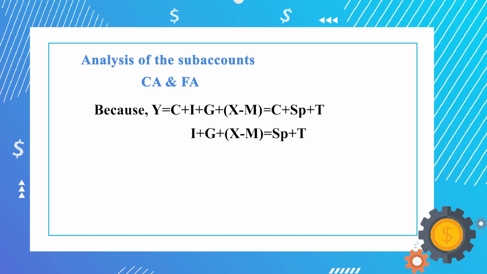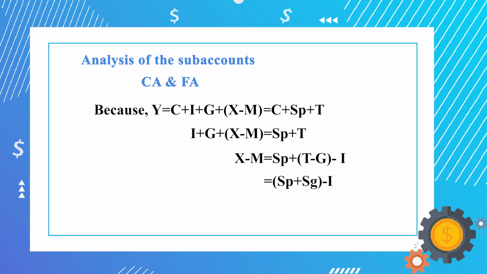By moving and changing, we will get export minus import equals private saving plus tax minus government purchase minus investment, equals private saving plus government saving minus investment.